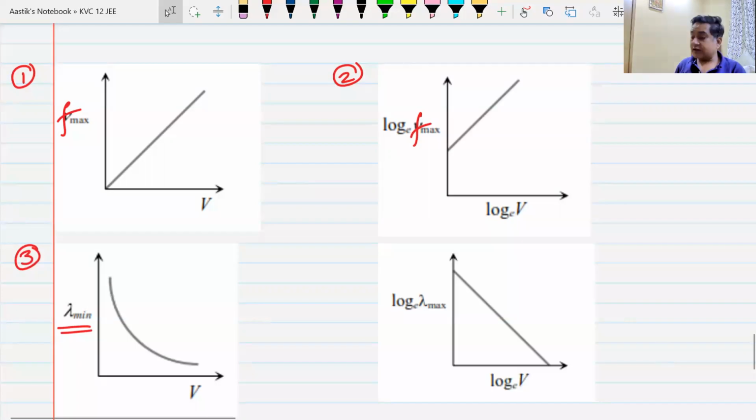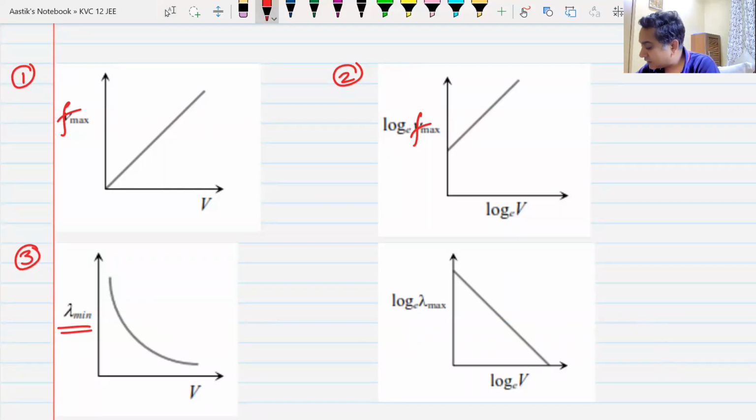And this is the fourth graph between log of lambda min, it is written lambda max but it is lambda min, and V. Do we understand all these 4 graphs? I'll give you 2 minutes to note them down.